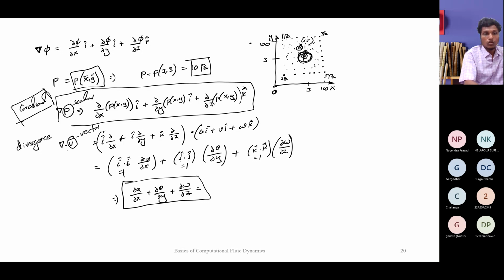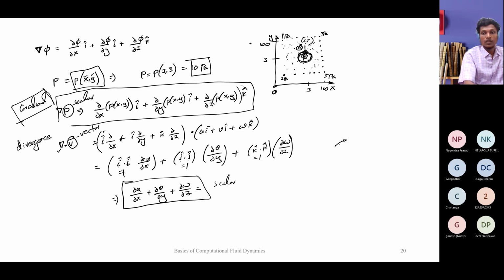If you do a dot product with this nabla, we call this operation a divergence, that is nabla dot v bar. If you do this, you will get a scalar value, that is dou u by dou x plus dou v by dou y plus dou w by dou z. You are getting a scalar. So how is it helping us? What is this indicating in the flow field?